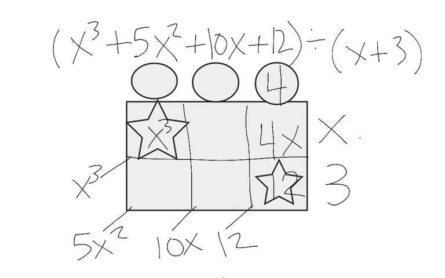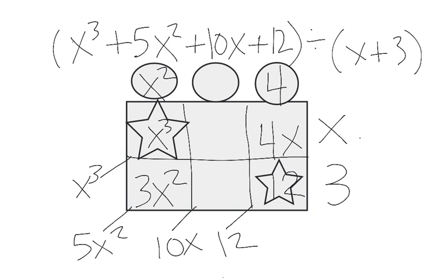X times what equals x cubed? Well, the answer is going to be x squared. And now once again, I can take my top row times my side column. I can say 3 times x squared equals, that's right, 3x squared. Boom. We've got 2/3 of this thing already filled out.